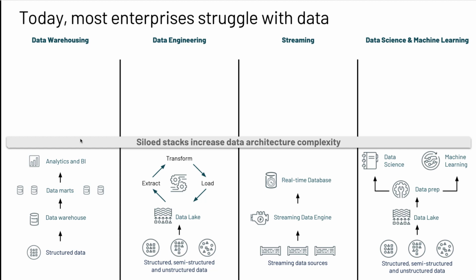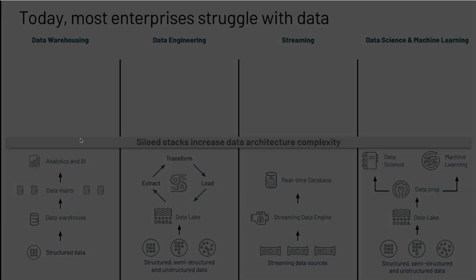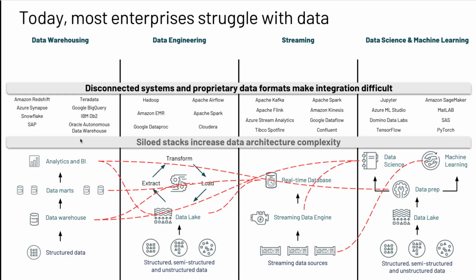And the way that people are using these are all really different technologies, and they don't really work well together. The architectural complexity here is actually further hampered by the overall ecosystem. So we've got tons of different tools in each of these stacks, and they don't necessarily work well together.